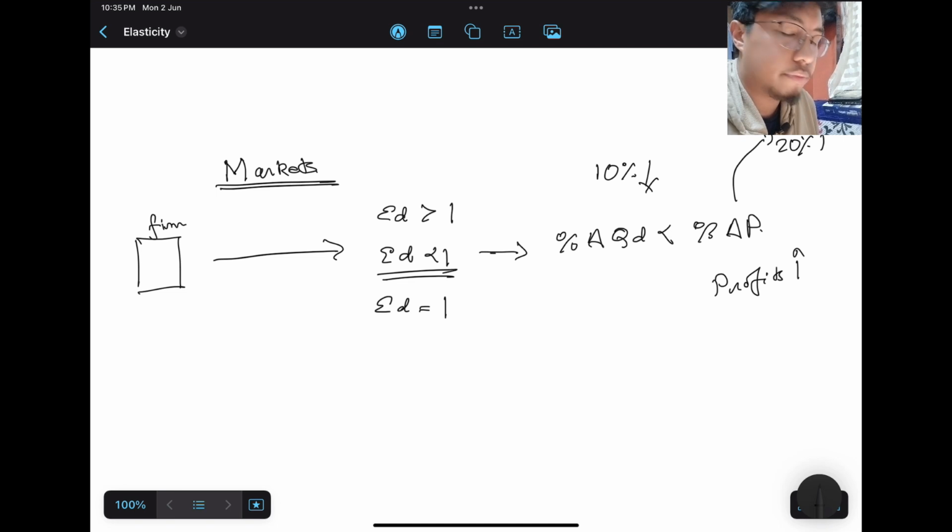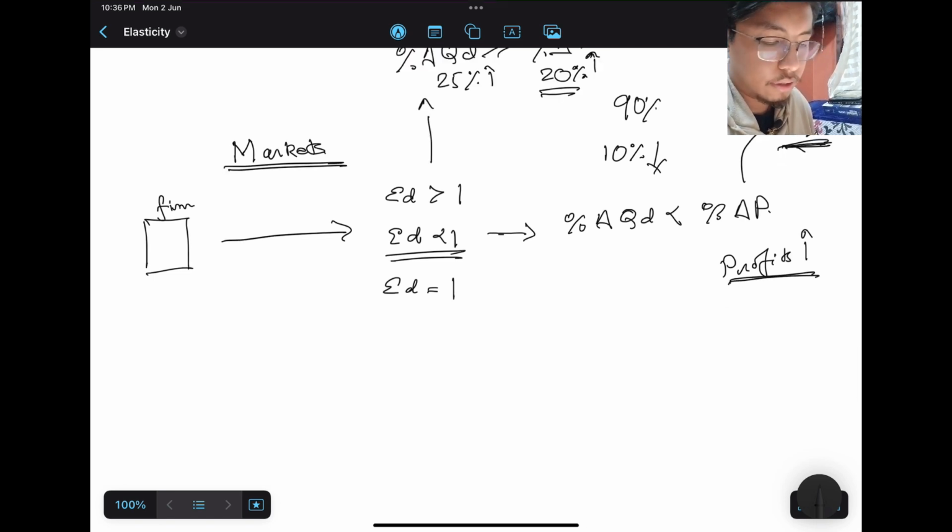Fine. Some of the people are leaving. Some of the people don't want to consume my product at a higher price, but there is a whole 90% which is still staying and consuming my product at a higher price. So that means my profit is going to increase.